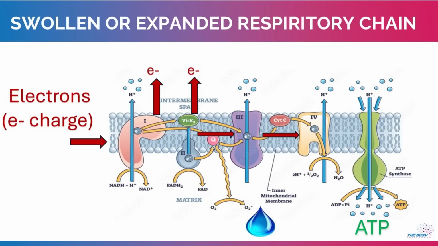So when the electron transport chain is spread out, the likelihood of a stray electron, which then will be called a free radical, coming out is more likely. And lots of different things can cause expansion or swelling of this respiratory chain. In simple language, we would call this inflammation, but it also ties into something called mitochondrial heteroplasmy rate.